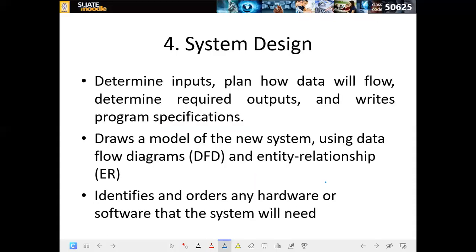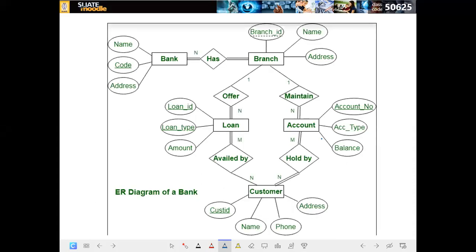Then at the designing stage, several documents are prepared. Actually, a lot of documents are prepared. For example, this is an ER diagram, entity relationship diagram. You don't know about this yet. For the time being, please remember this is an example of a document we prepare at the design stage.